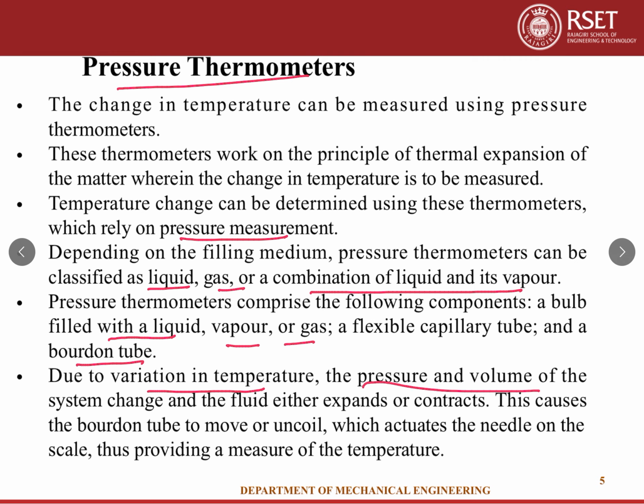So the pressure and volume of the system change, and the fluid either expands or contracts depending upon the property of the fluid. This causes the Bourdon tube to move or uncoil, which activates the needle on the scale, thus providing the measure of the temperature.